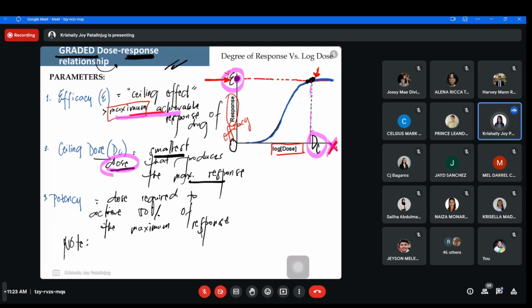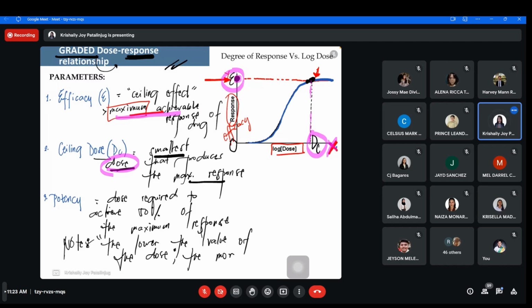Always take note that for potency, the lower the dose of the drug, or the lower the value of the dose, we could say the drug is more potent. I repeat, the lower the value of the dose, the more potent the drug.